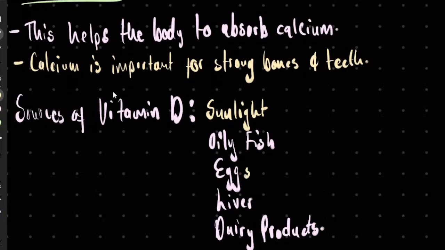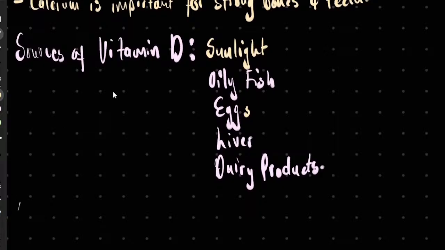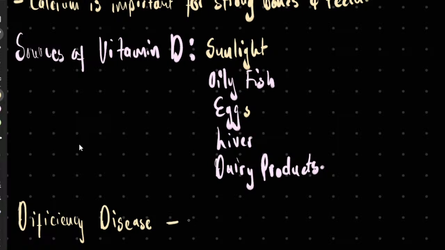Dairy products. What happens if I don't have it? Deficiency disease. What disease comes from the lack of this? I want you to write this. Rickets in children. Write with me. Rickets in children.